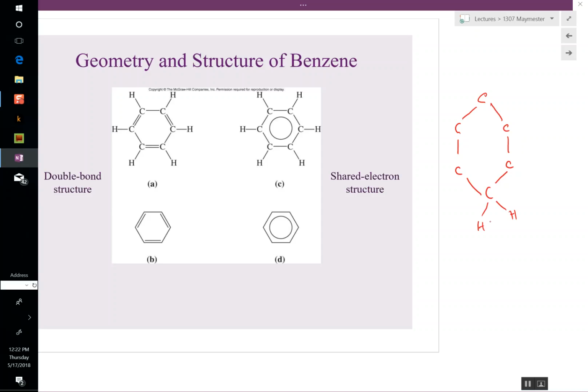This carbon, 1, 2, 3, only 1 hydrogen. So the molecular formula of benzene is C6H6. It's only 1 hydrogen per carbon. It's aromatic. Like I said, this is a carcinogen. Not that all aromatics are carcinogens, but this one is.